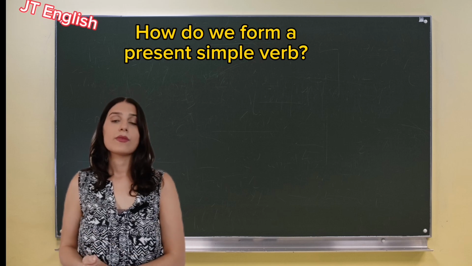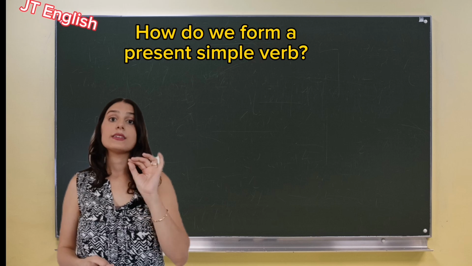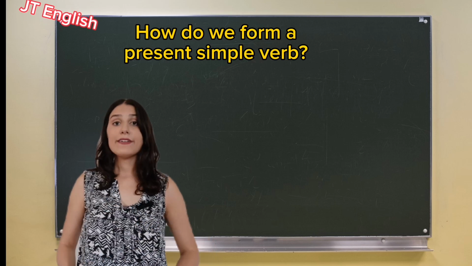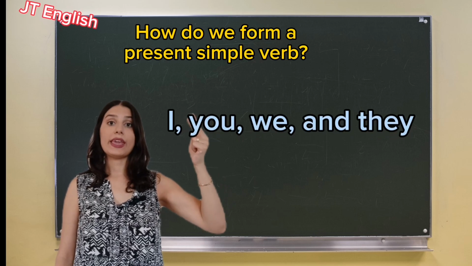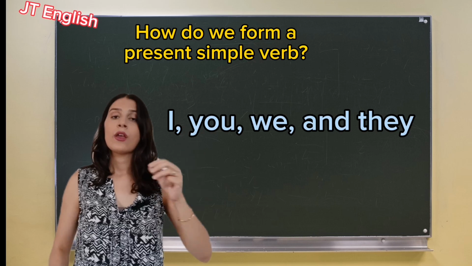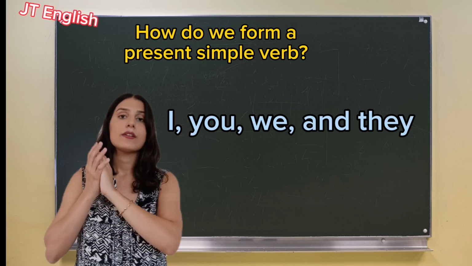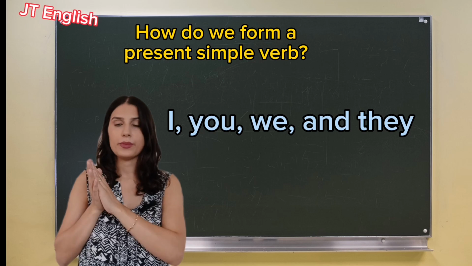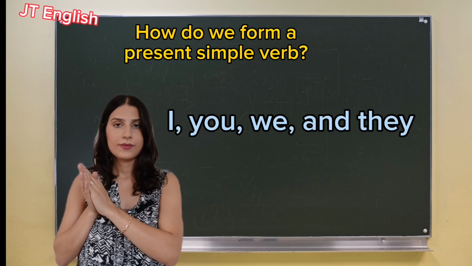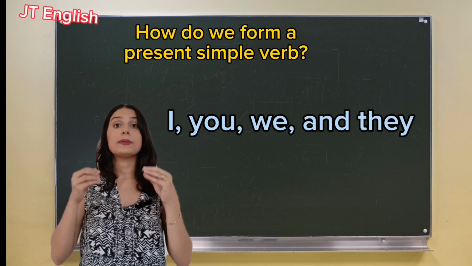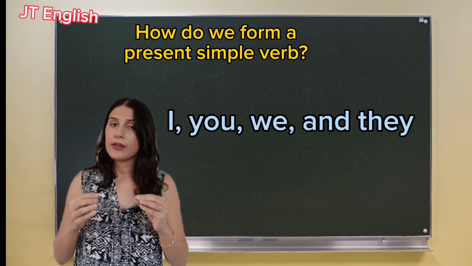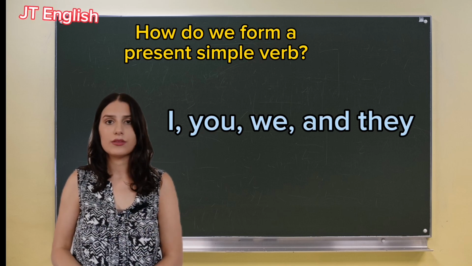So, to make a present simple verb, after I, you, we, and they, we use the basic form of the verb without to. What does that mean? It means that the verb stays the same and it doesn't change at all.